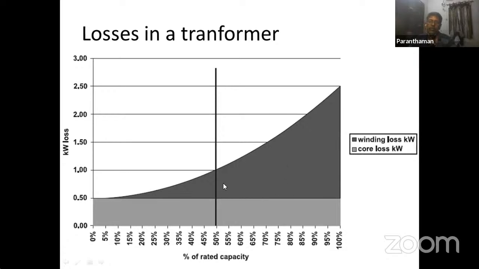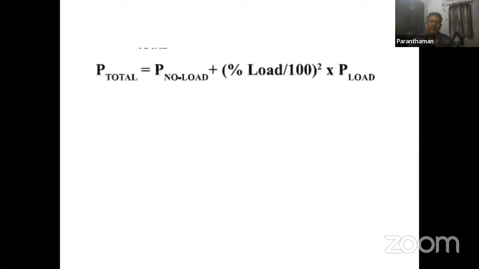Where is the square of the current, sir? Square means it will be a curve only. It will go steeply as the x increases. Nothing but a power formula, sir.